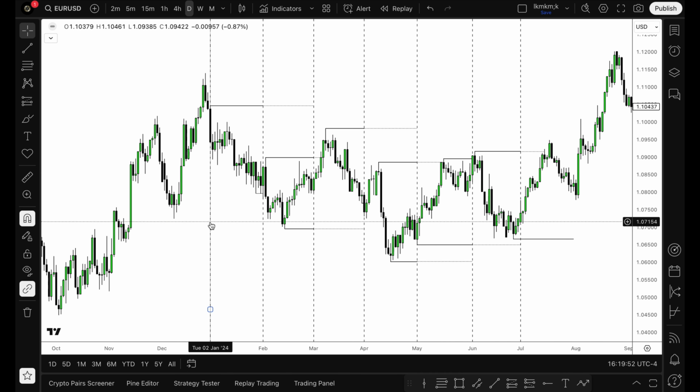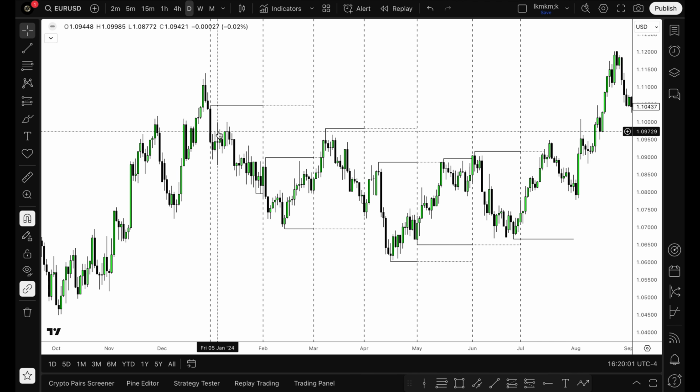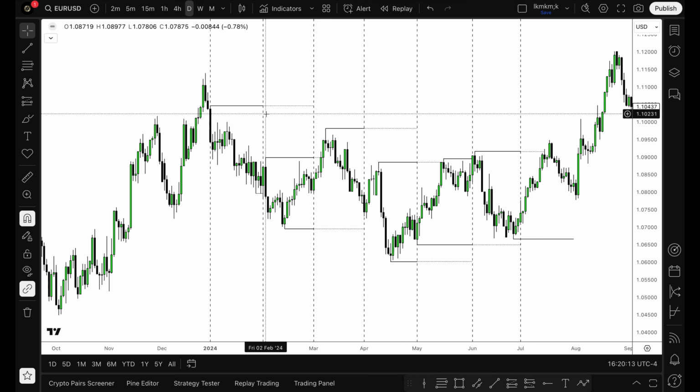To separate the months, I've drawn a dashed vertical line between each month, and to signify each high and low of the month, I've drawn a solid black horizontal line, and then carrying on into the next month, I've drawn a little dashed line to show that this is continuing from the previous month.